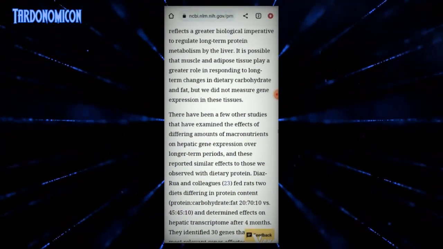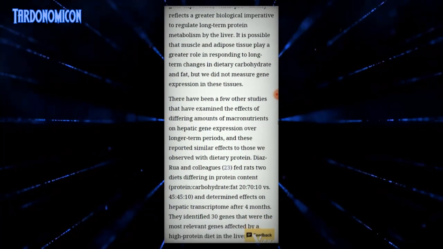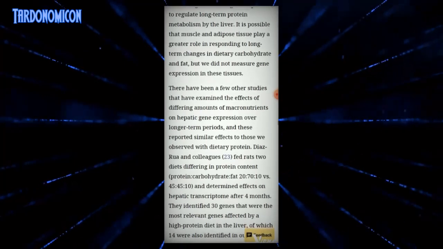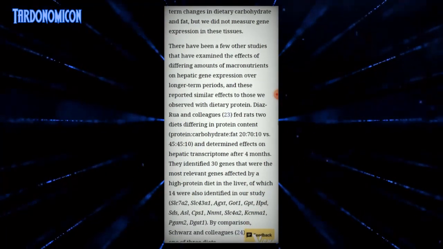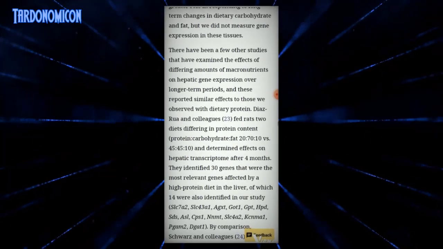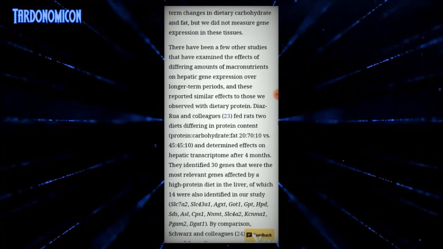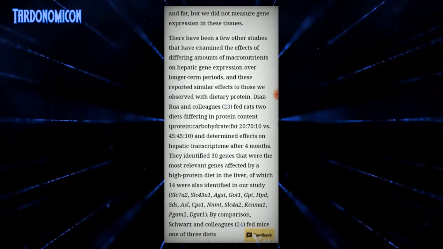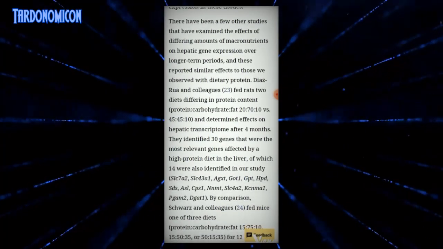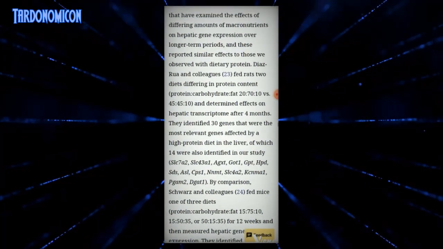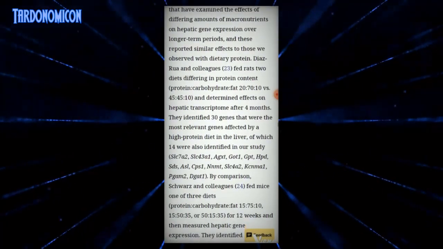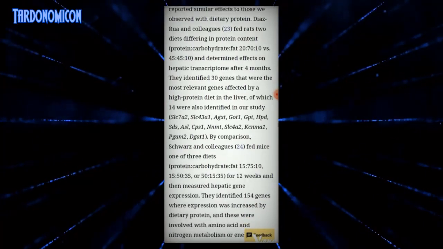You have to understand, high amounts of muscle mass help you handle carbohydrate better by burning off glucose, because muscle is metabolically active. There have been a few other studies that have examined the effects of differing amounts of macronutrients on hepatic gene expression over longer term periods, and these reported similar effects to those we observed with dietary protein.